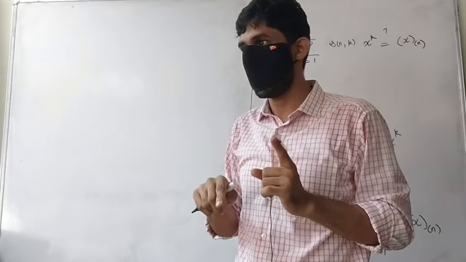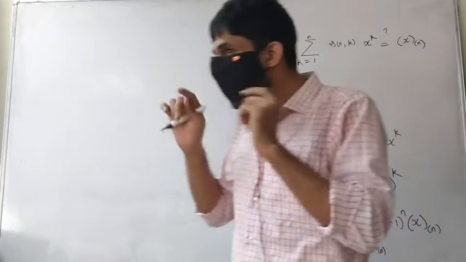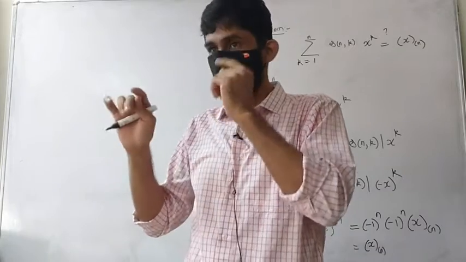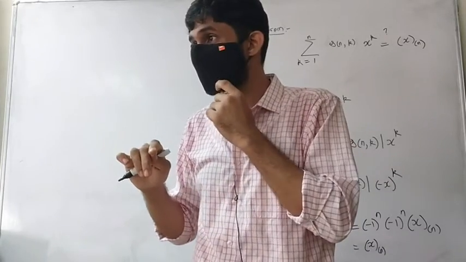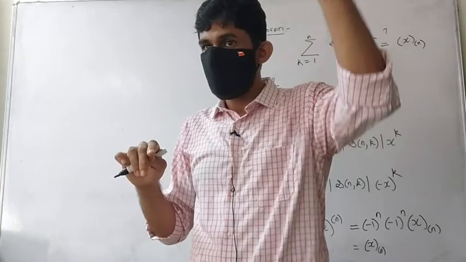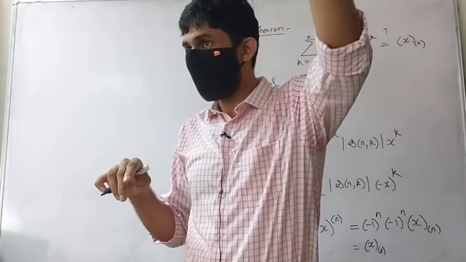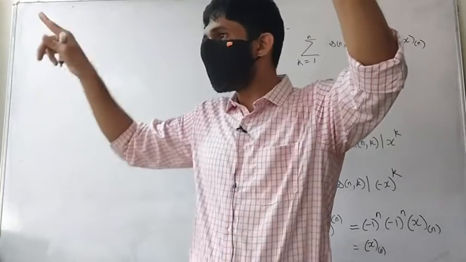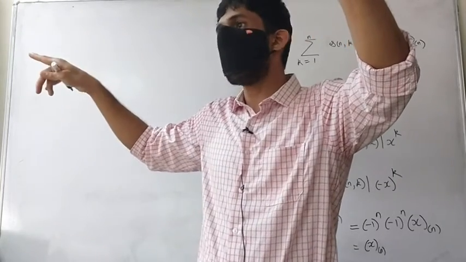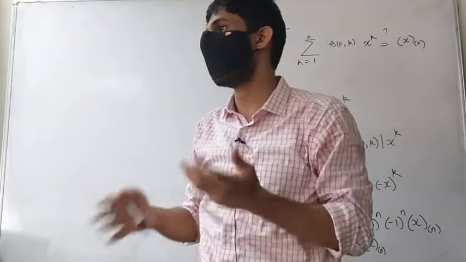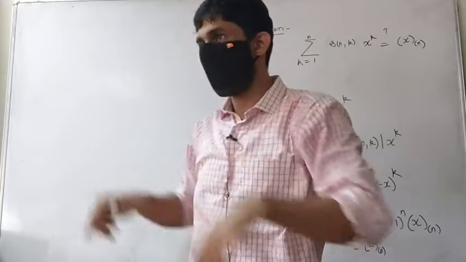How do you get that change of basis matrix? By taking the elements of B and representing them in terms of the elements of B prime, and then looking at the coefficient matrix, the matrix that you get.